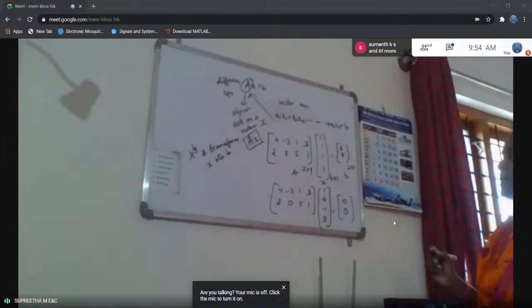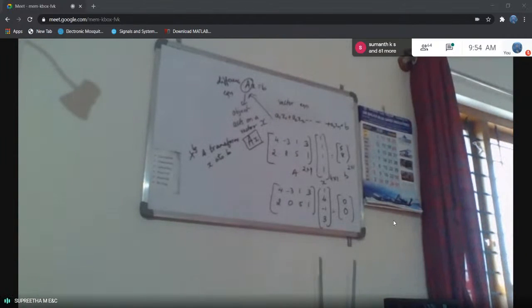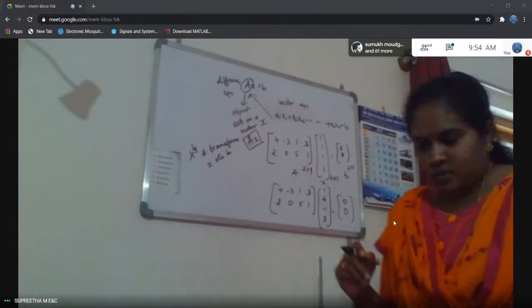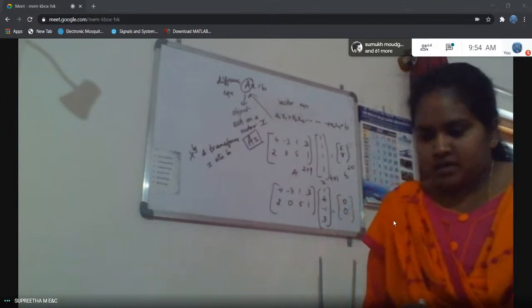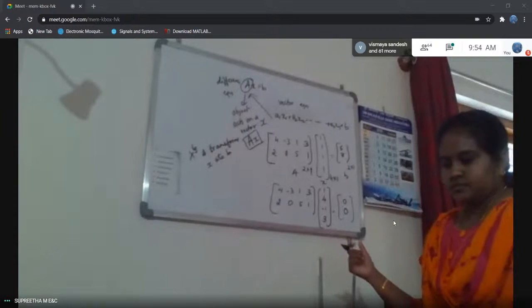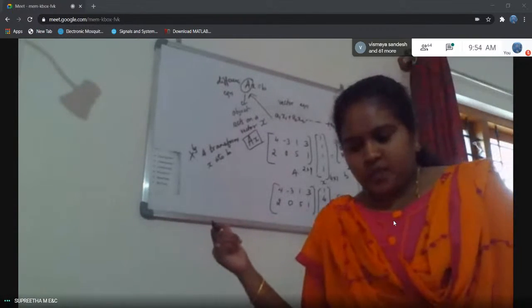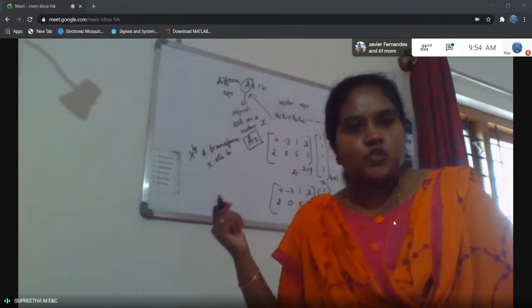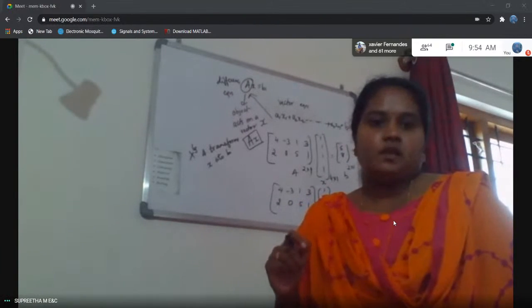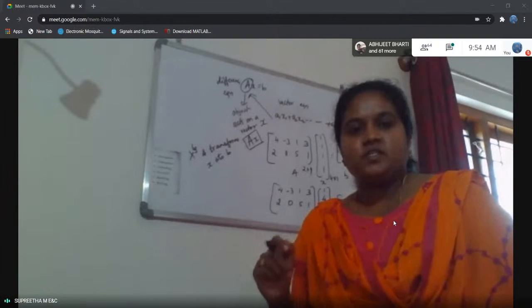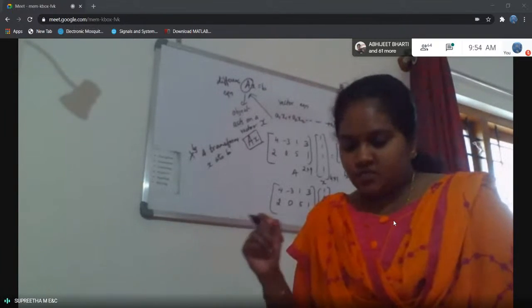Multiplying A transforms x into B. Okay. So now, can I say that it is also a linear transform? Multiplication by a matrix A is also a linear transform.